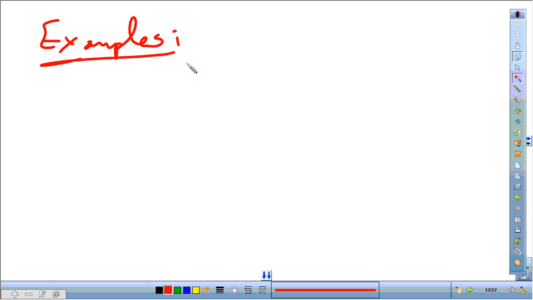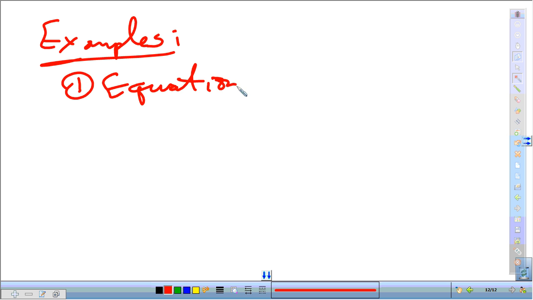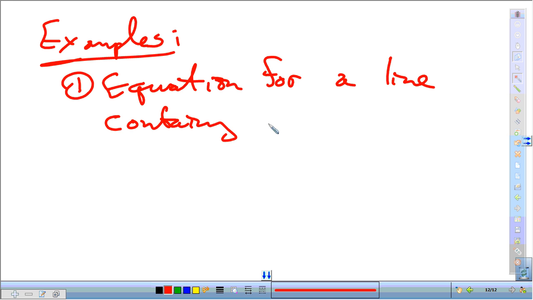Some more examples. Could we find an equation for a line containing 2 points, (2, 4) and (-3, 6)?